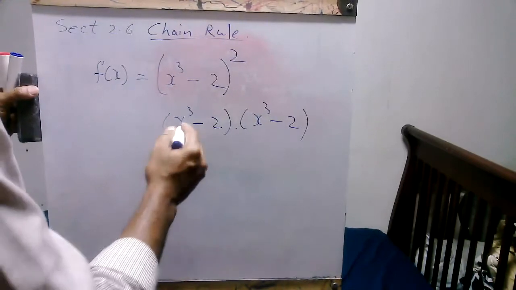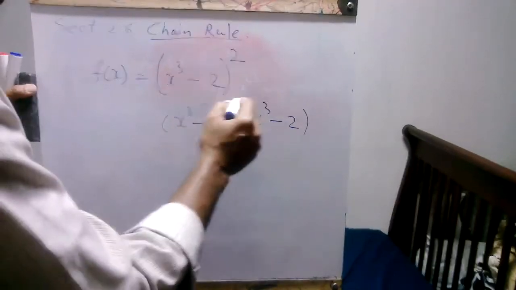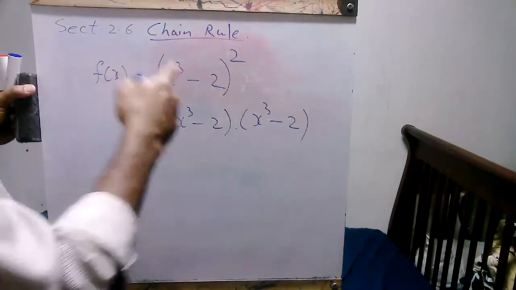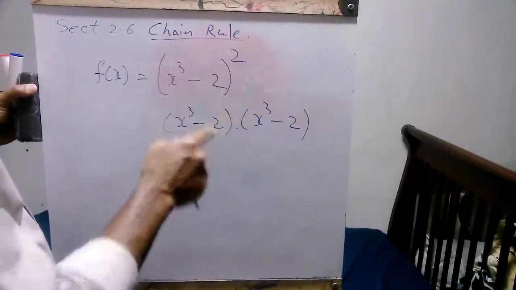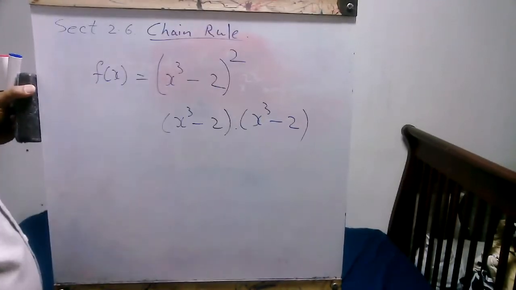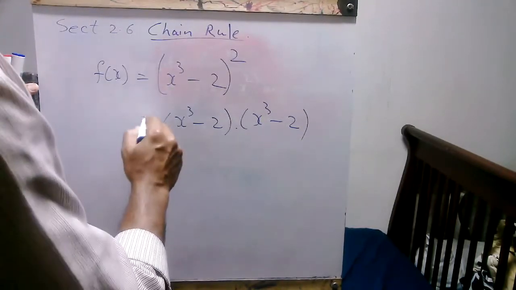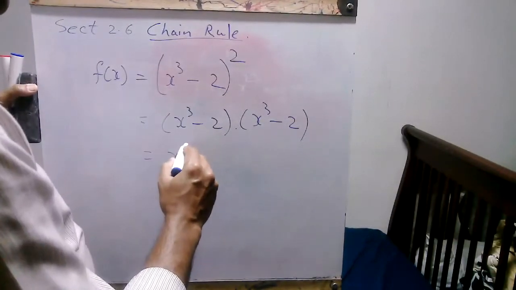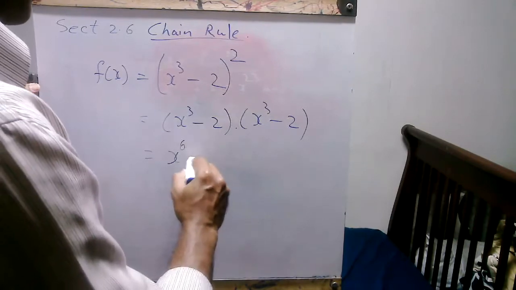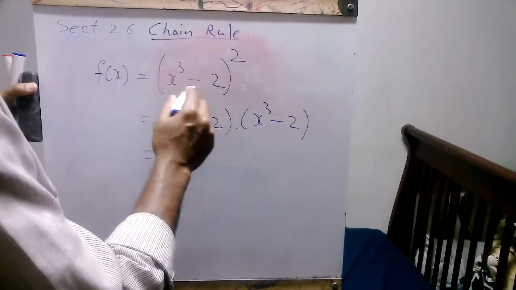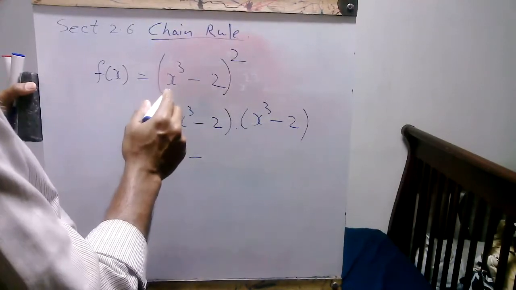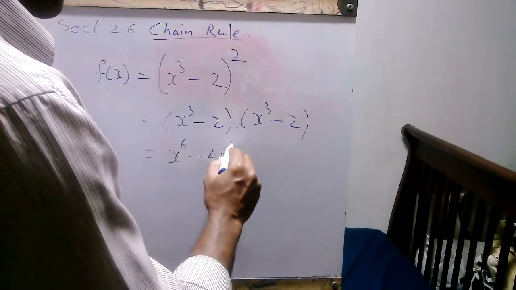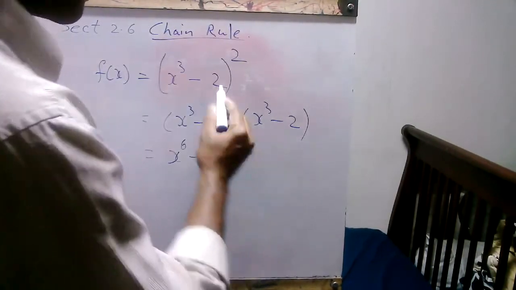In class we learned that without multiplying one by one, we can do this as first term squared, minus 2 times the product between them, plus second term squared. That is x to the power 6, minus the product between them, 2x cubed, 2 times that is 4x to the power 3, plus last term squared, which is 4.